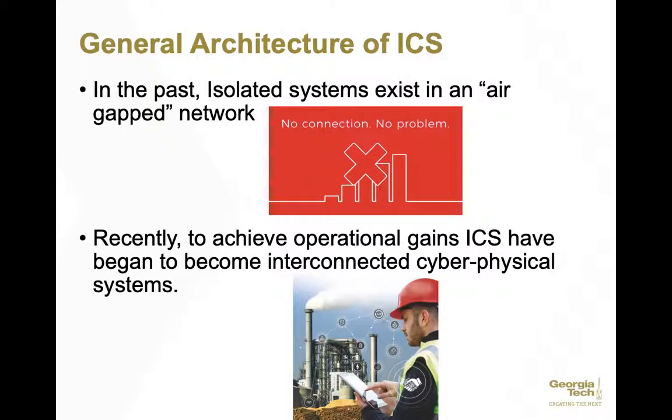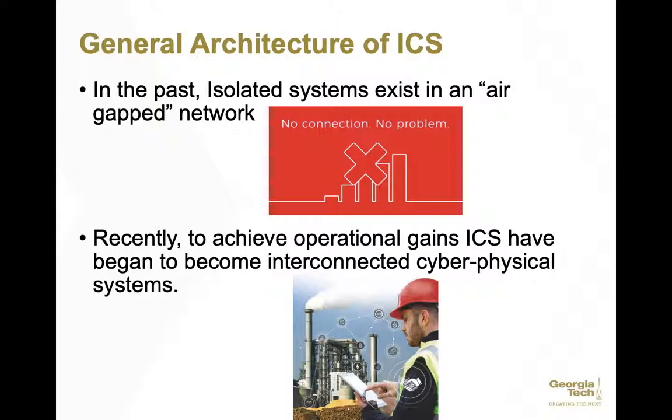So this is an overview of the general architecture of industrial control systems. In the past, isolated systems existed in an air-gapped network, or an isolated network, also called on-premise, and it was a lot harder to get inside their network because it was all isolated: no connection, no problem.